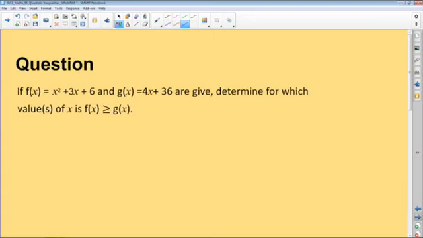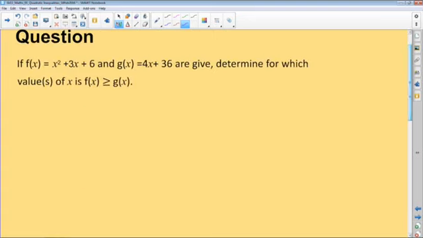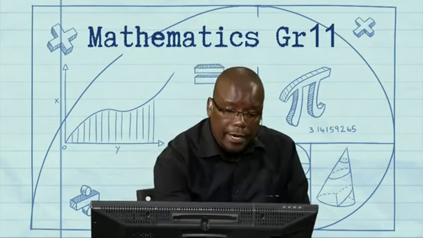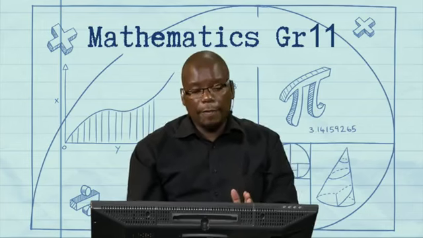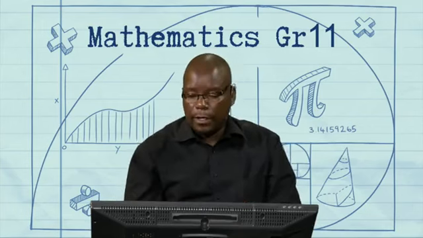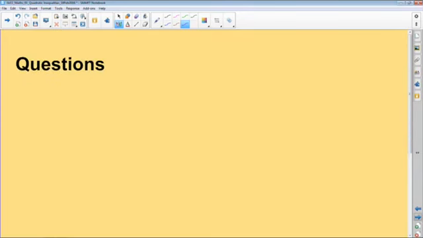Right. Now, one of the interesting problems when working with inequalities, guys, you might be given a parabola and a straight line, and you are now asked to work out where is your f of x greater or equal to g of x. What does that mean, okay? Where is f of x above the g of x, okay?